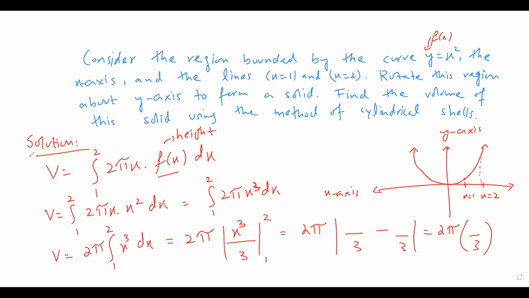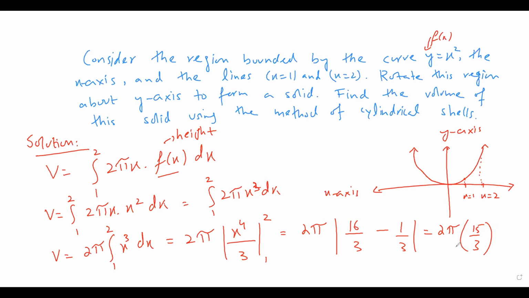So when you integrate, that will be x to the power 4. And then here we have 2 times 2 times 2 times 2, which is 16, minus 1, divided by 4, so this is 15 divided by 4.